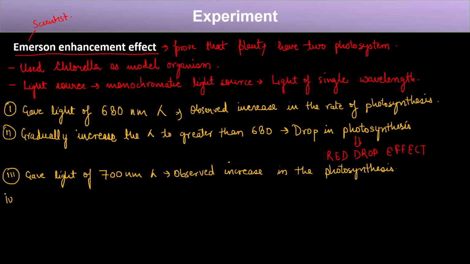Then, fourth, he thought, let's combine both 680 and 700 nm and see what happens. So he used two light sources, one of wavelength 680 nm and another of wavelength 700 nm.